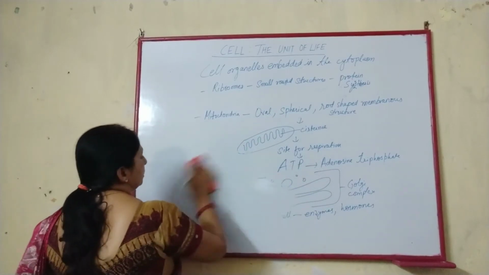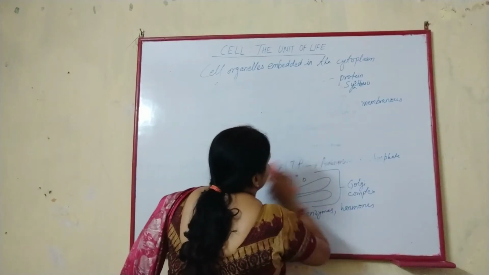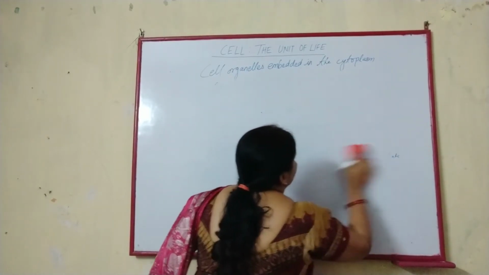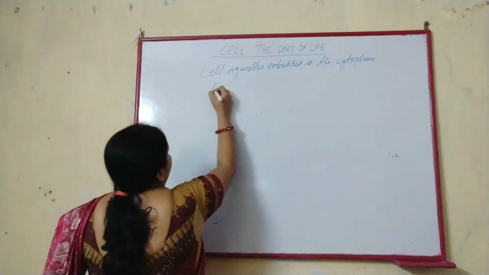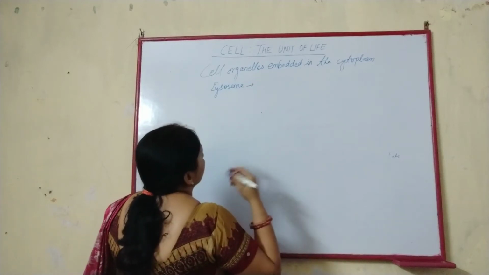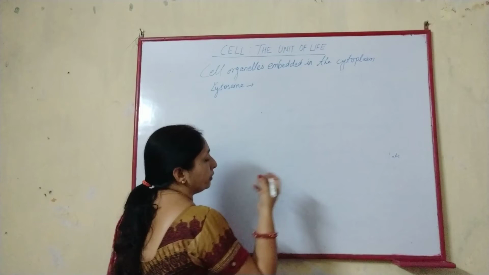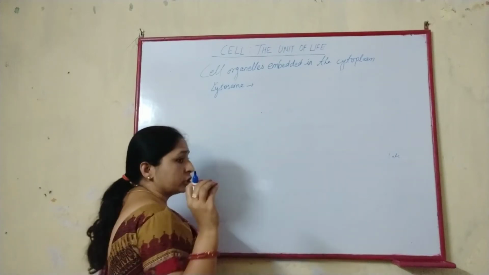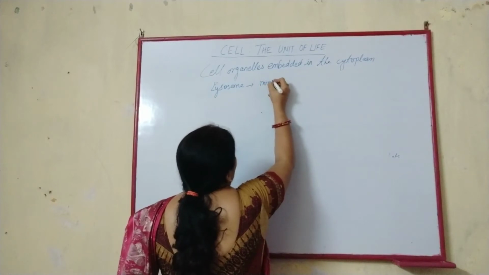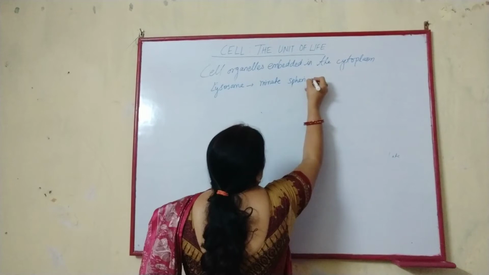Next is lysosomes. Their shapes may vary: oval, granular or spherical. They are small, minute spherical structures.